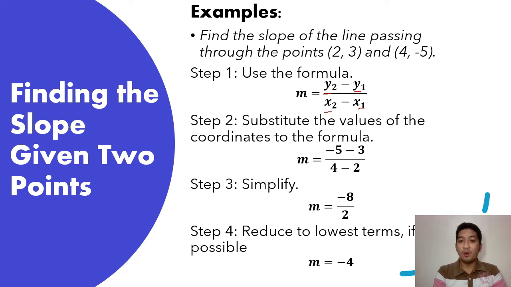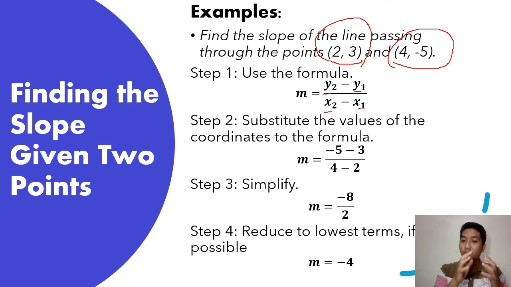When we say coordinate sub 2, so y sub 2, x sub 2, we actually mean the second coordinate. And when we say coordinate sub 1, or y sub 1 and x sub 1, this is the first one mentioned. Earlier, you actually identified the parts of the ordered pairs or the coordinates.